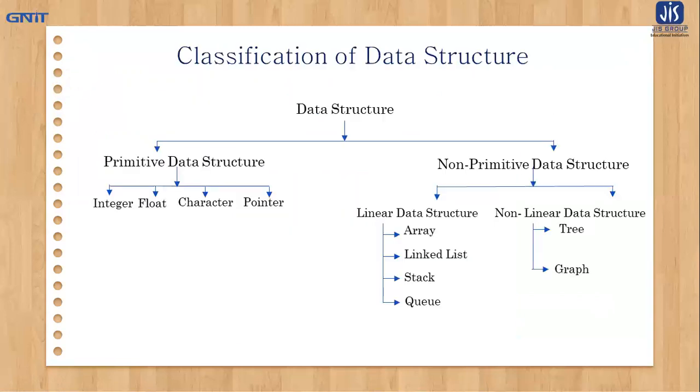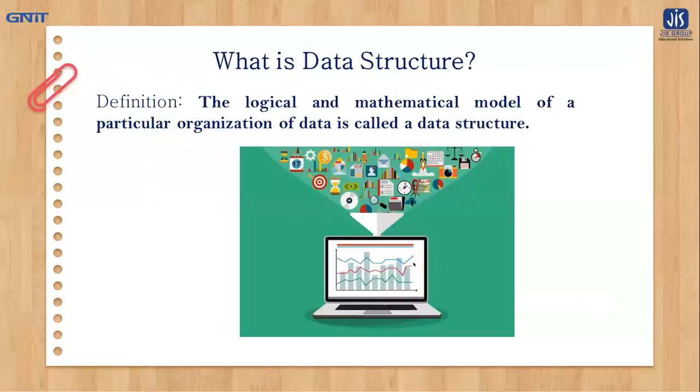But if we don't store that particular data in an efficient manner, then we can't find it easily from the database. So we have to store that data of the student so that we can get the information for a particular student. So this is called information, means the processed data is known as information.